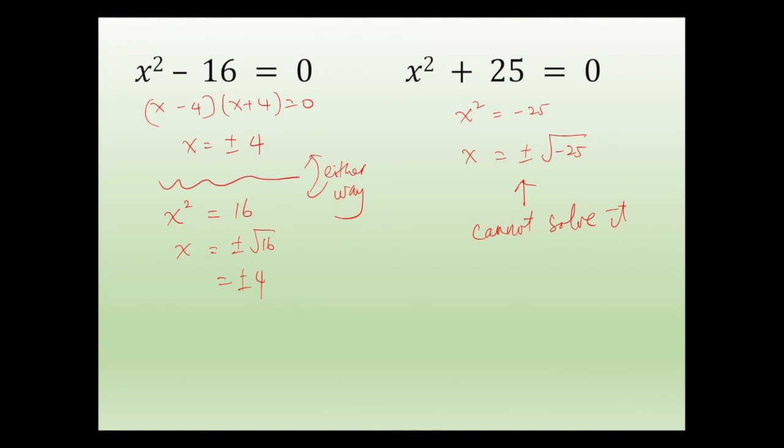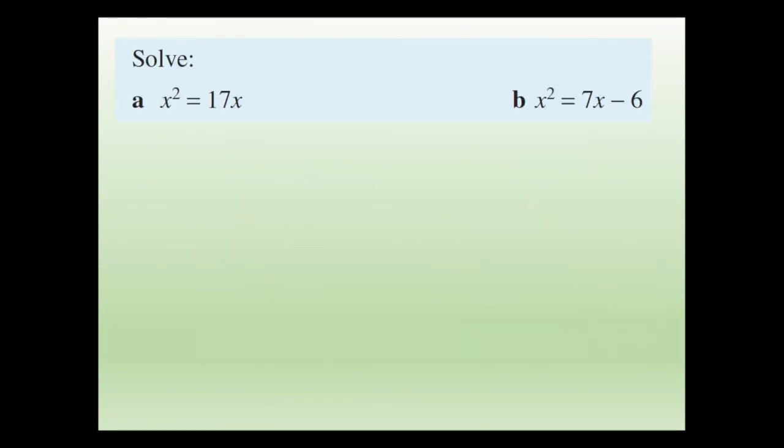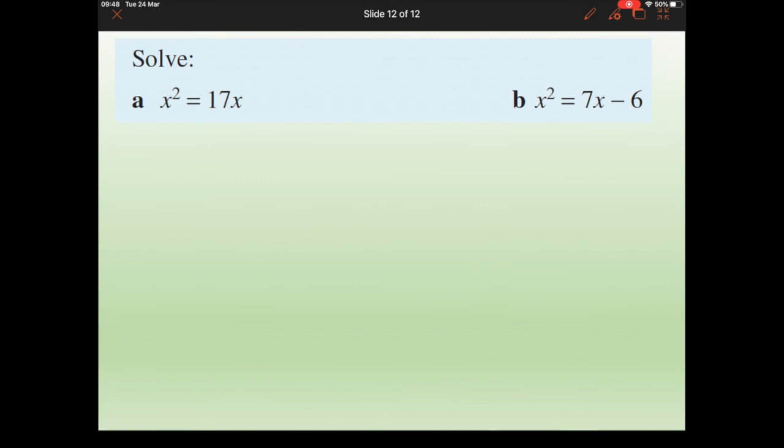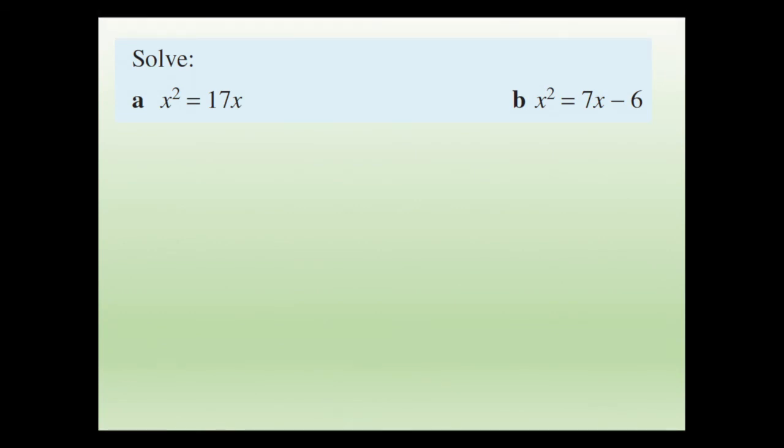And you will notice that when you plot something like x squared plus 25, it does not cross the x-axis. All right, so I will just write it down. This quadratic equation, or y equals x squared plus 25, does not cross the x-axis.